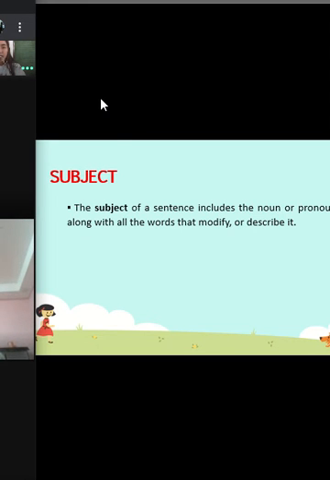Yung, andyan anak, sa presentation, nakikita nyo ba yung presentation ni teacher? Thumbs up nga kung nakikita yung presentation ni teacher. Yung PowerPoint ni teacher. Ikaw anak, Juvenal, nakikita mo ba? Okay, very good. Can you read the definition, anak? The subject?